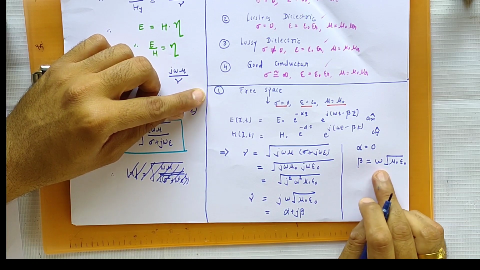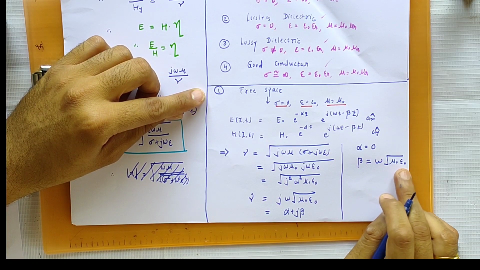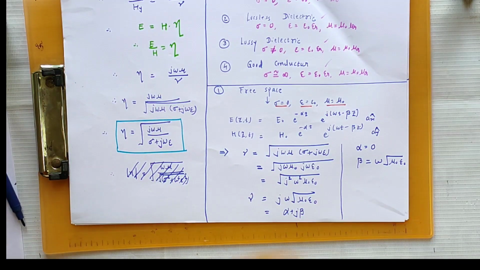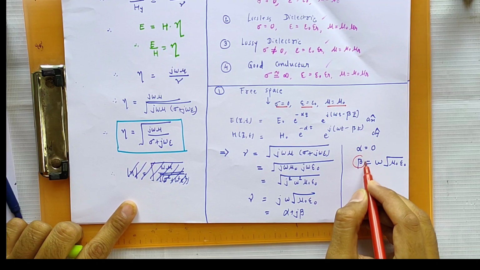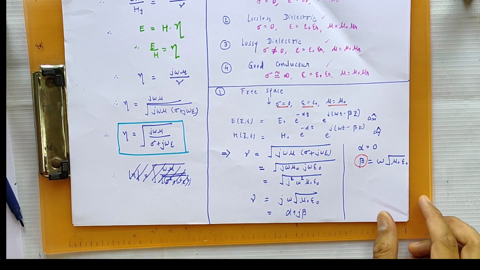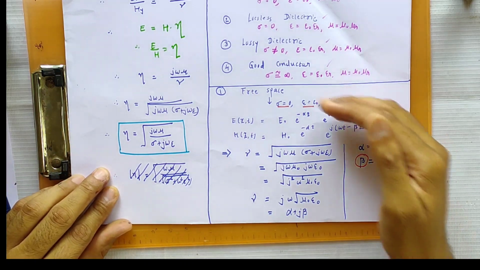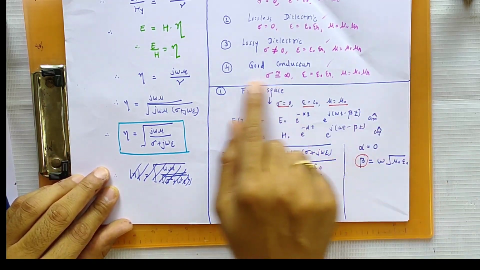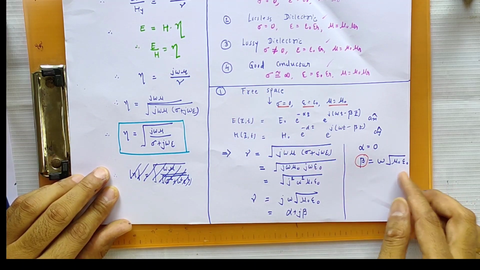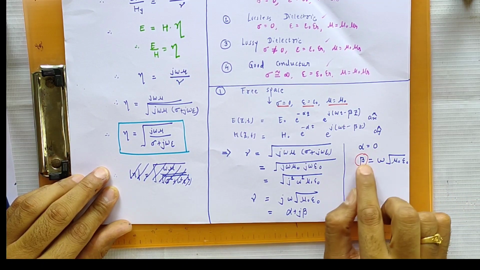So beta is equal to omega under root of mu 0 epsilon 0. Now we focus more on beta. What do you mean by the phase constant? You have to write all these things in the same theory answer, explain electromagnetic wave propagation in free space.